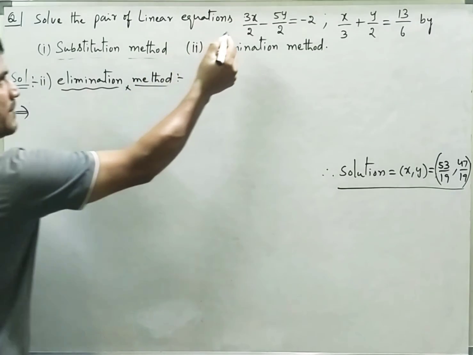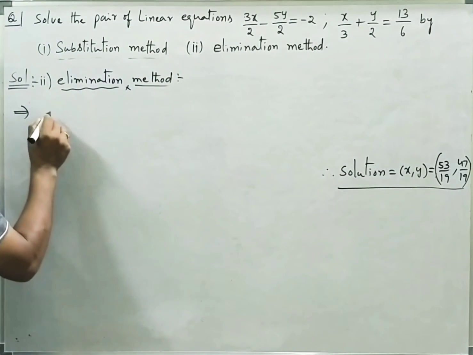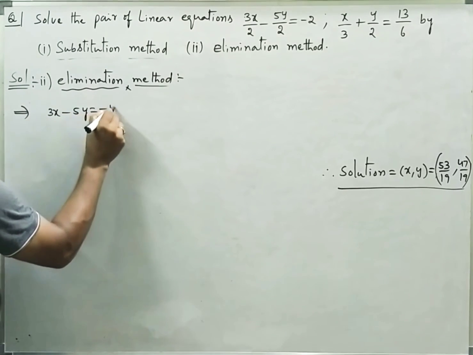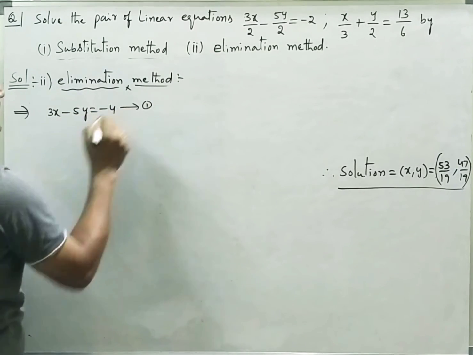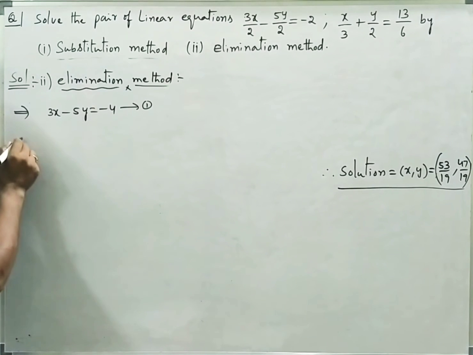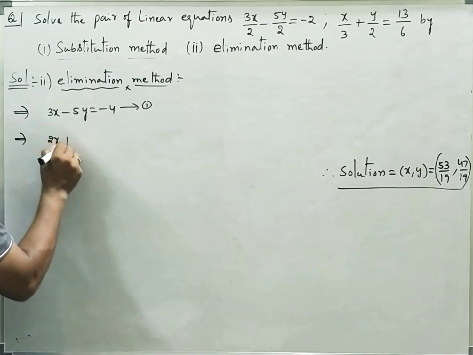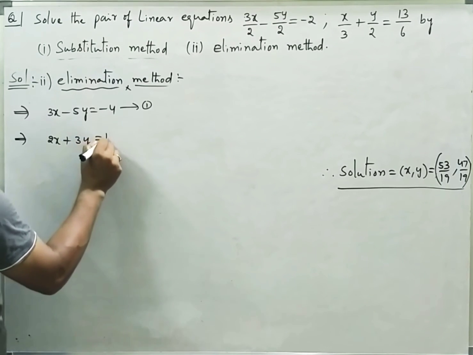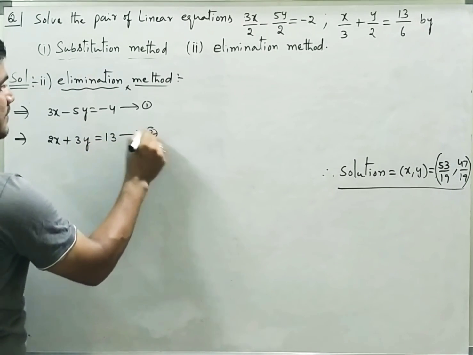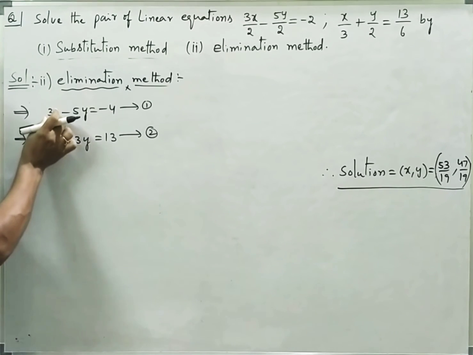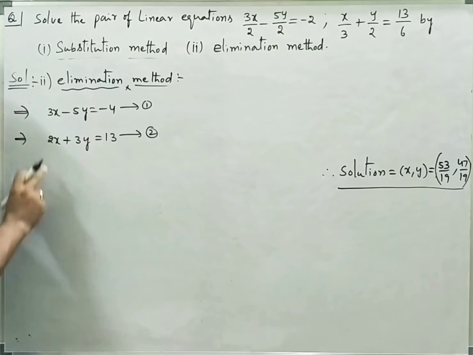Equation 1, by multiplying with 2, what we got? 3x minus 5y is equal to minus 4. We have taken this as equation 1. And the second one, by multiplying with 6, is 2x plus 3y is equal to 13. This is equation 2. In the elimination method, we can eliminate either x or y by equating the coefficients.